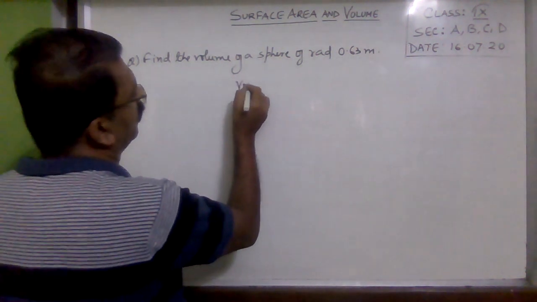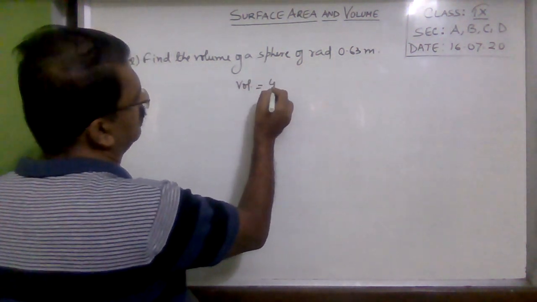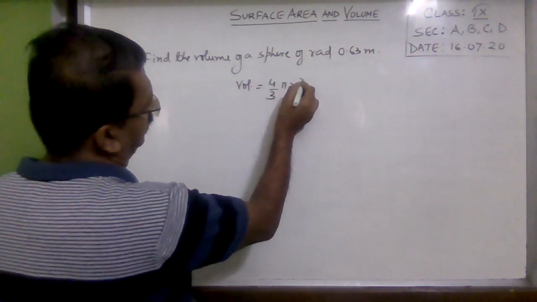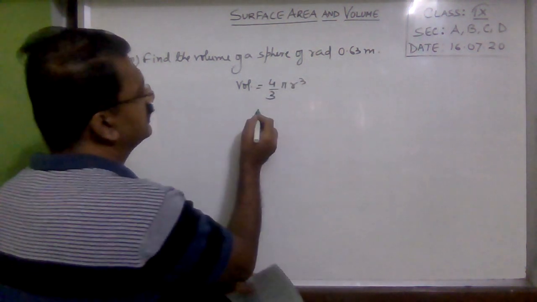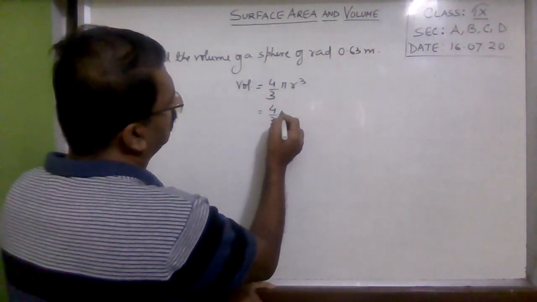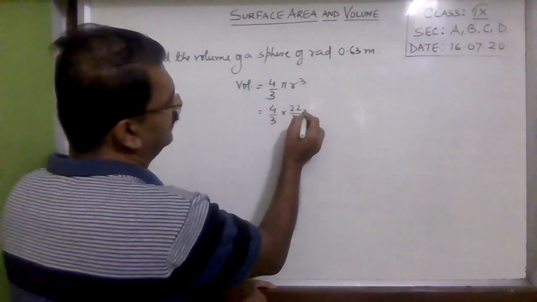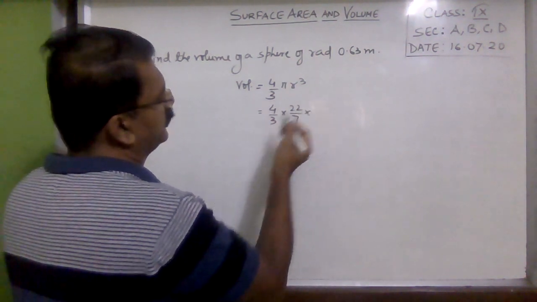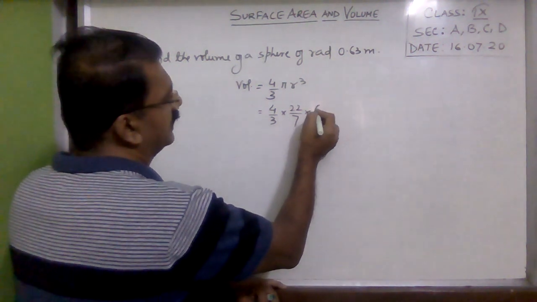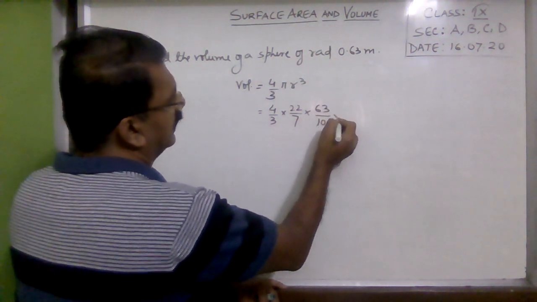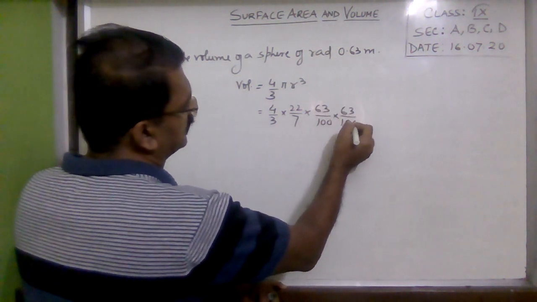Now the volume of a sphere is given by 4 by 3 pi r cube. You know that? So it is 4 by 3, pi is 22 by 7, and the r is 0.63, which means 63 by 100. 63 by 100 into 63 by 100 into 63 by 100.